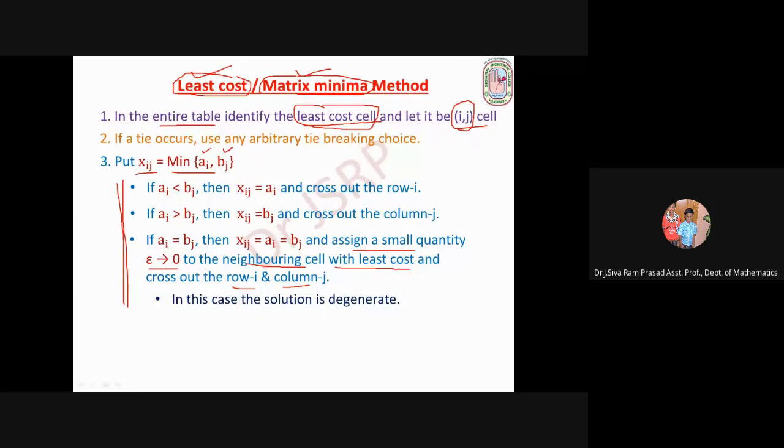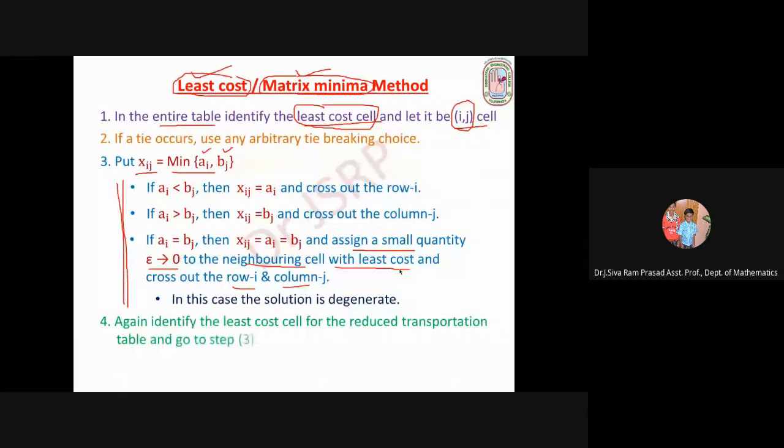After completion of step 3, we remove either a row or a column or both. Then we get a reduced transportation table. Again, we repeat the same process for the reduced transportation table: identify the least cost cell in the reduced transportation table and go to step 3. We repeat this process until all constraints are satisfied.